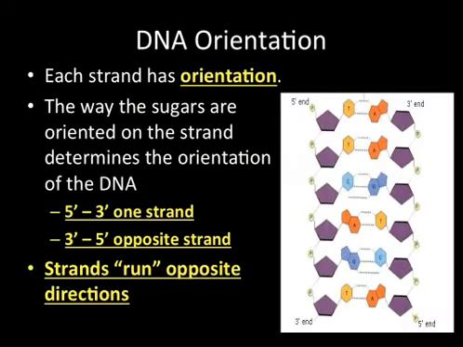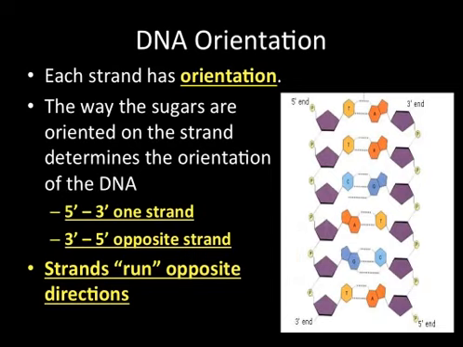One thing that's interesting, and we'll learn a little bit more about this when we get into DNA replication because it has a big impact there, is that each strand has what's called orientation. And the way the sugars are oriented on the strand determines the orientation of the DNA. So one strand of the DNA runs what we call 5' to 3', and the other runs from 3' to 5'. So you can see the sugars that are facing up start at the 3' end and go up to the 5'.